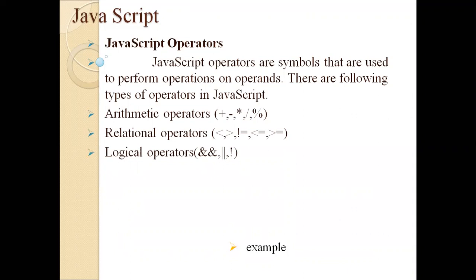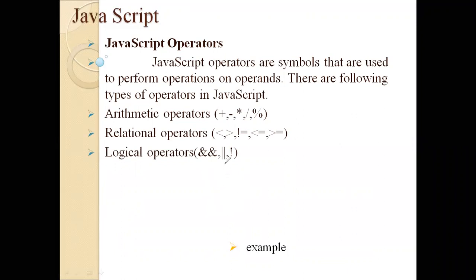We have logical operators here. We use these logical operators to find whether two conditions are true, or two conditions are false, or to find the inverse of the conditions. Under logical operators, we have three types of operators.